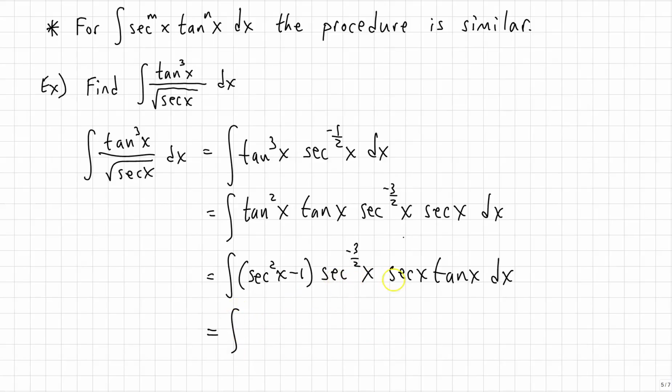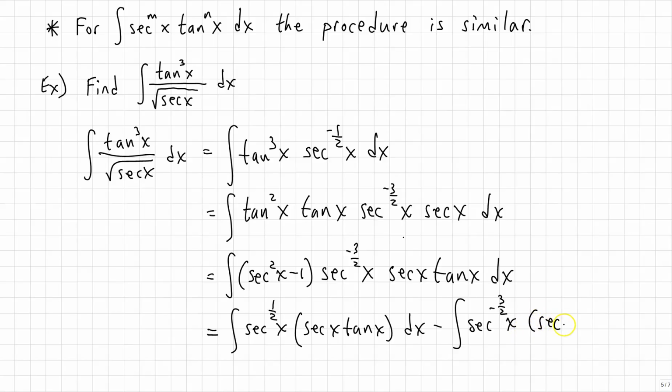So if we take this times secant squared, and then this times negative 1, we're going to end up with secant to the 1/2 secant tangent dx minus secant to the negative 3/2 secant tangent.